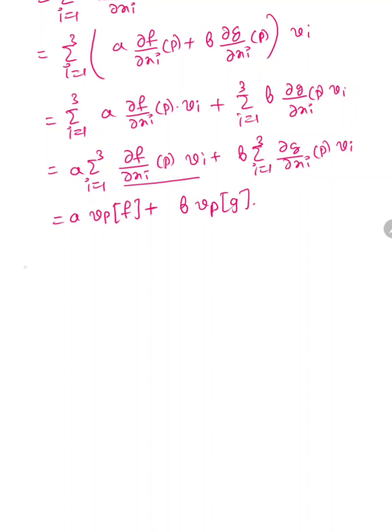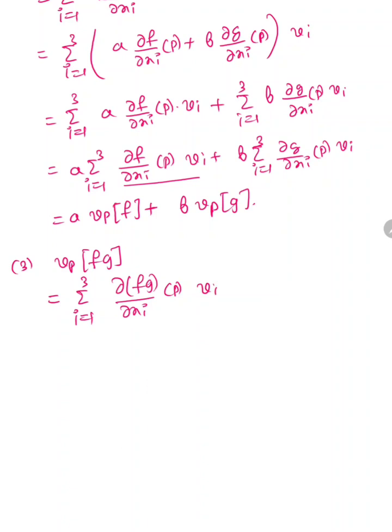So let's see the next property, which is about the product of functions. Again applying the definition of Vp of fg in terms of partial derivatives, the summation i equal to 1 to 3 of dou of (f into g) by dou xi at the point p multiplied by Vi. This is equal to, using the product rule of partial derivatives, I rewrite this as f into dou g by dou xi plus g into dou f by dou xi at the point p into Vi.